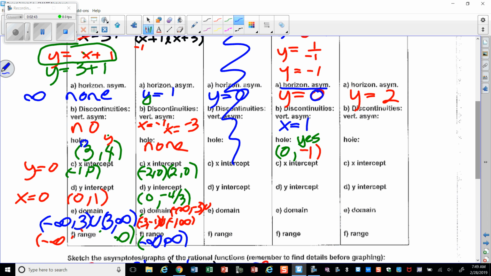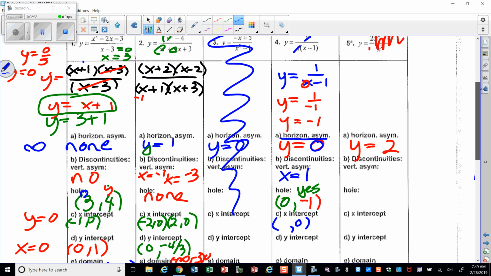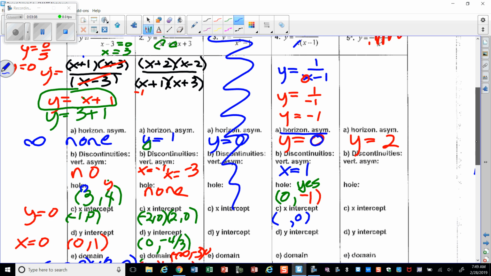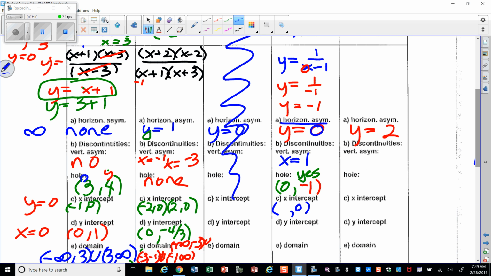Looking at the x-intercept, the x-intercept is where y is 0. So I'm looking at my numerator, that would be where y is 0. But remember that crossed out, when x is 0, that's where our hole is. So does it cross the x-axis? No, because y equals 0 is my x-axis, so it never crosses the x-axis.